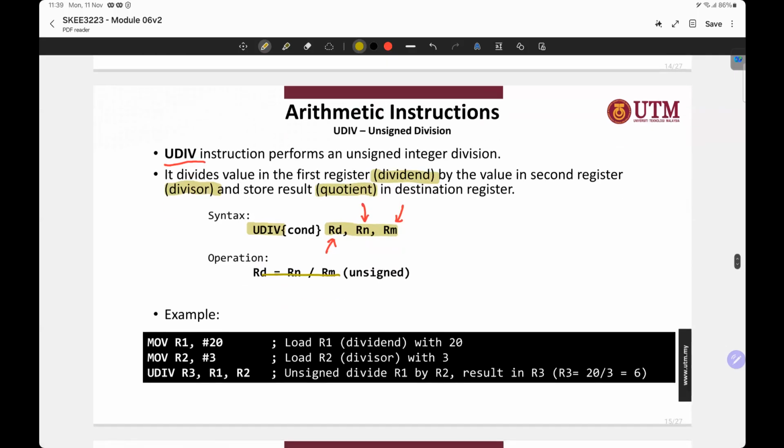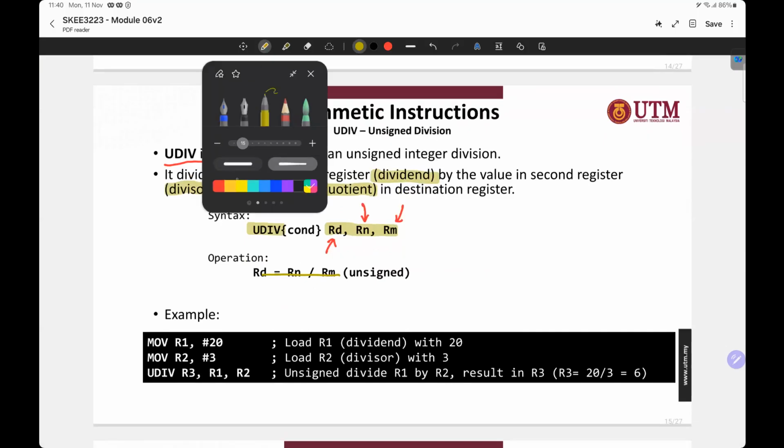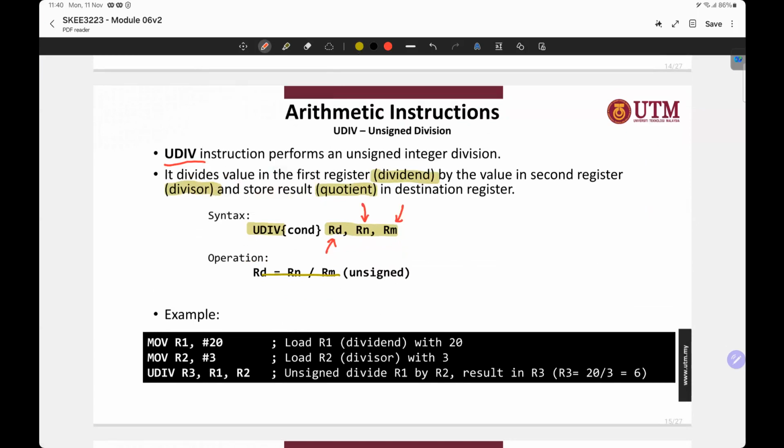For example, the first instruction says MOV R1, #20. So what happened here is R1 has the value 20. What is 20 in hexadecimal?